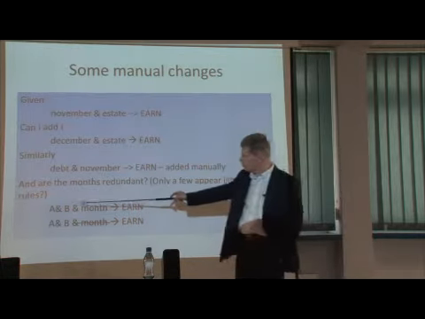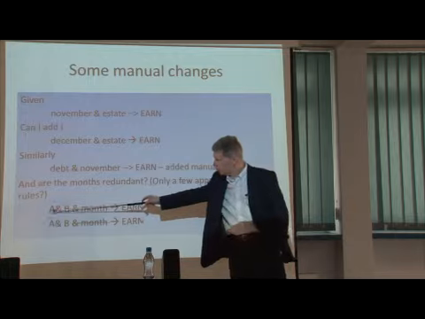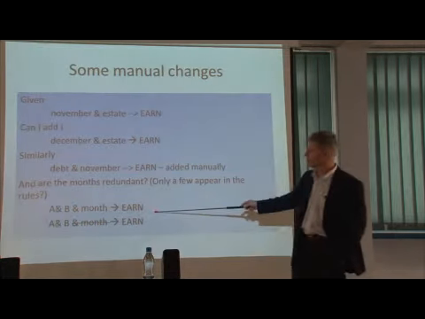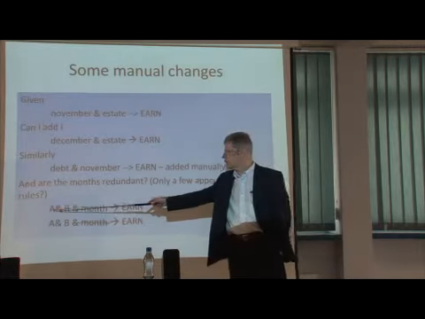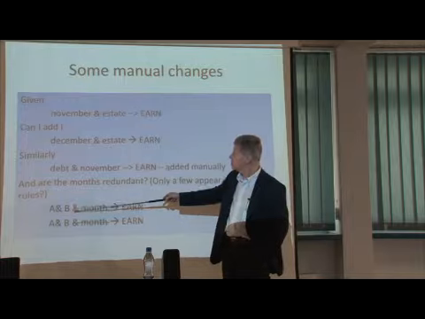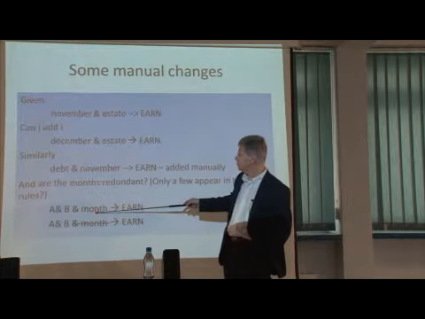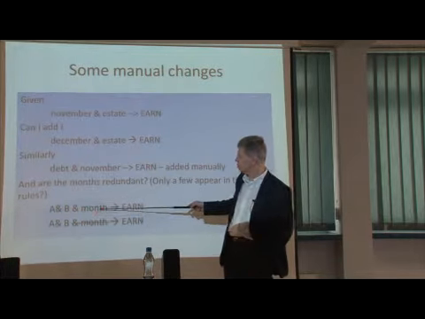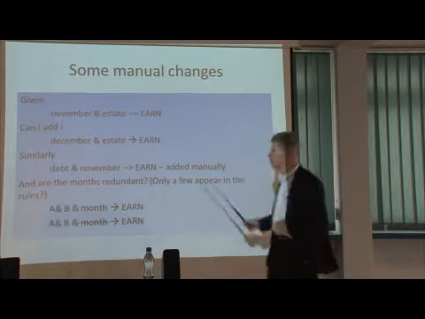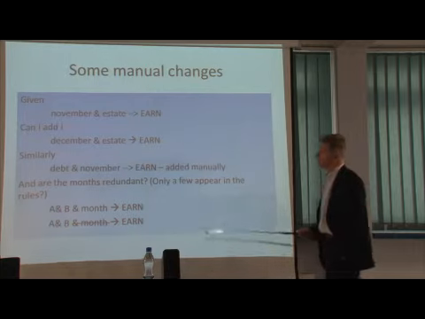There were quite a few examples like 2 words and a month that predicted earn. So you would have, I don't know, det and estate and November, then earn; det and estate and July, then earn, okay? So examples like that.